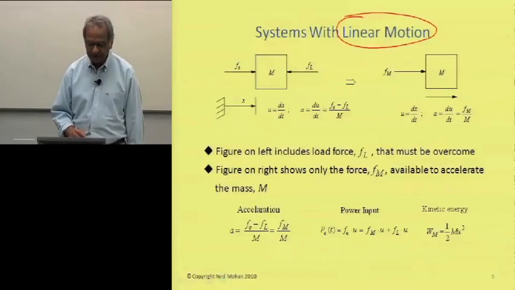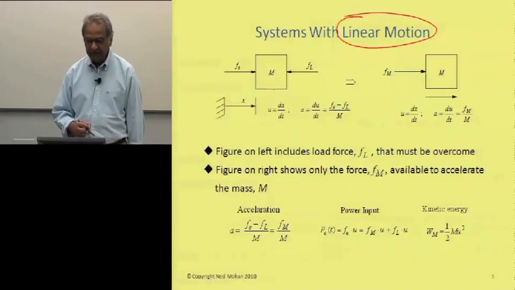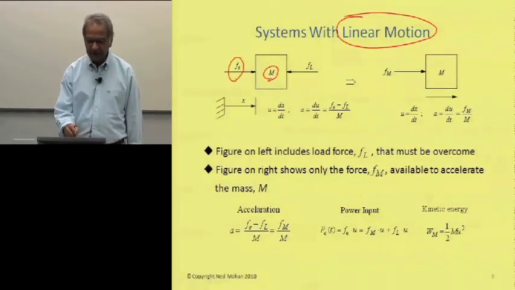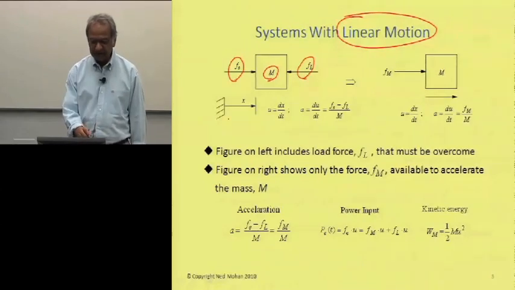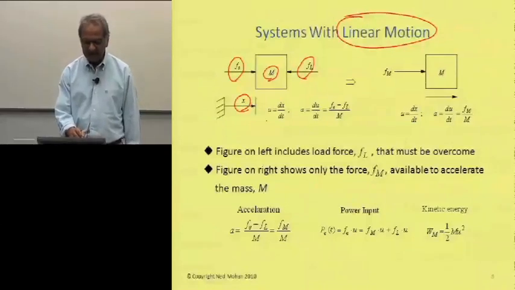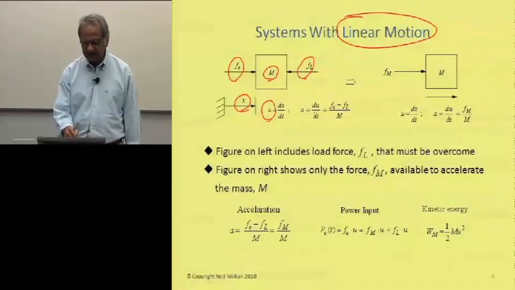Okay, so here let's say that we have a mass and we want to accelerate this mass, and so we apply this external force here, and it's being opposed by this load force over here. With some reference, let's define the position as x, and its time derivative is the velocity, and the derivative of this velocity is the acceleration.